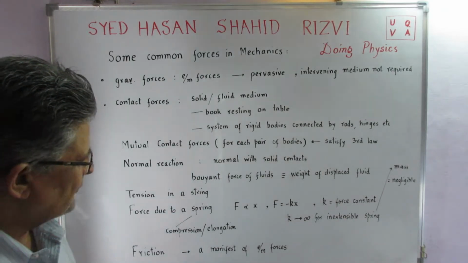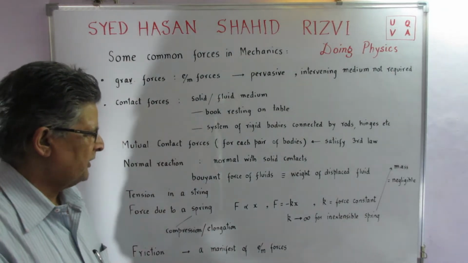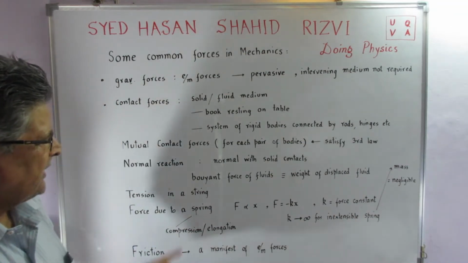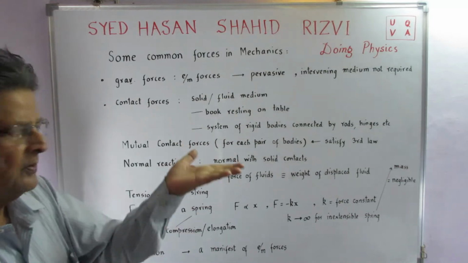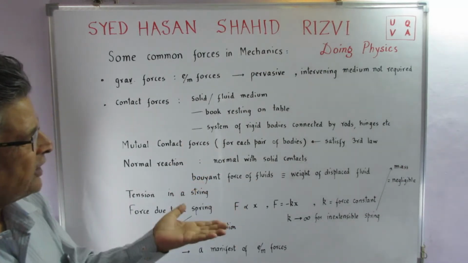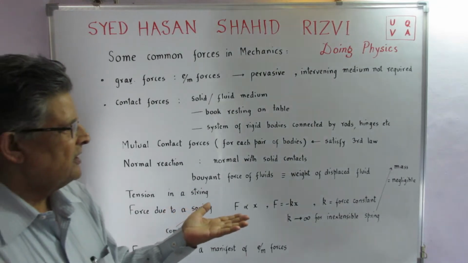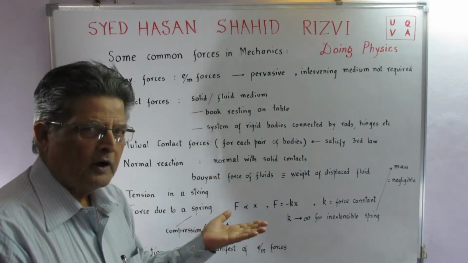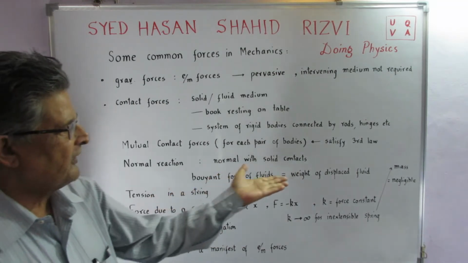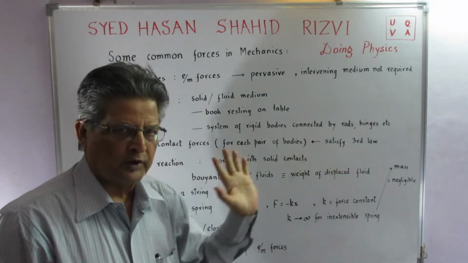Also, in the case of fluids, when the contact is with fluid, gaseous or liquid mediums, then there is a buoyant force. Remember Eureka, that is equivalent to the weight of the displaced liquid.